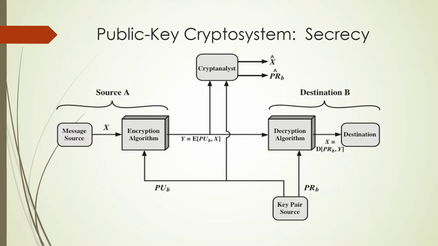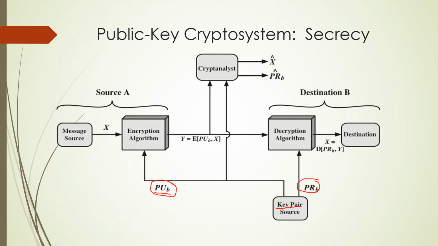As I said earlier, a public key cryptosystem can be used for confidentiality or secrecy. Imagine you have two parties, A and B. A is the source, B is the destination. And also imagine there's a public key and private key of Bob.